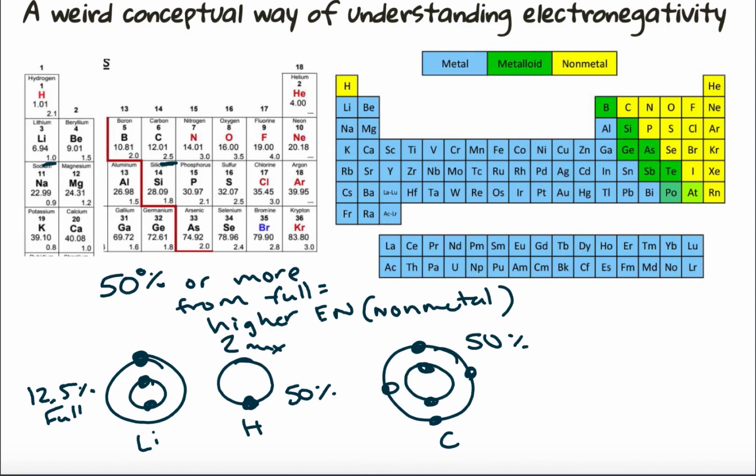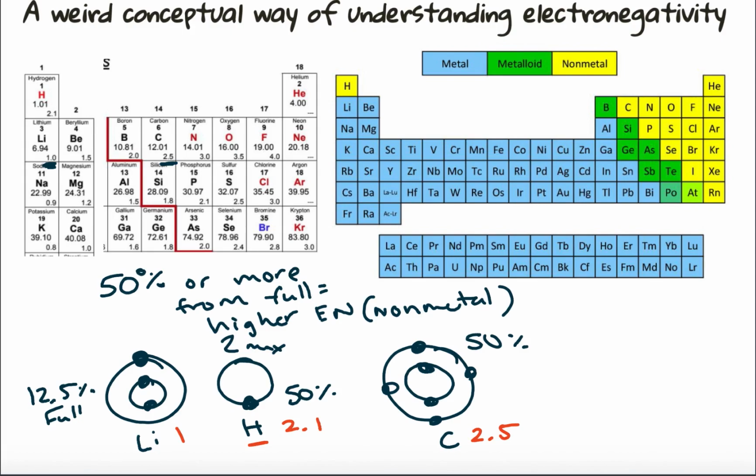Now let's look at the electronegativity numbers. Lithium is 1 for its electronegativity number. Hydrogen is 2.1, and carbon is 2.5. And if you notice, hydrogen is a lot more similar in terms of its electronegativity to carbon than it is to lithium, and it is due to that vacancy in the shell.